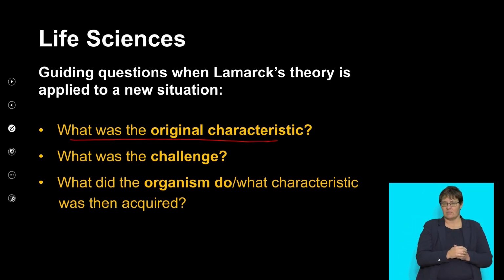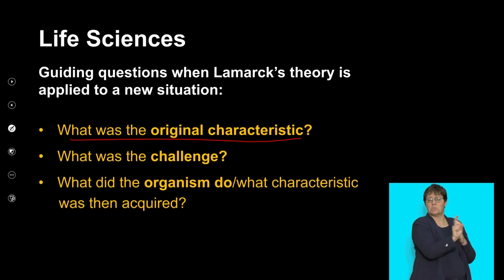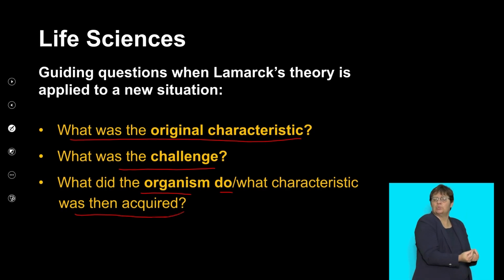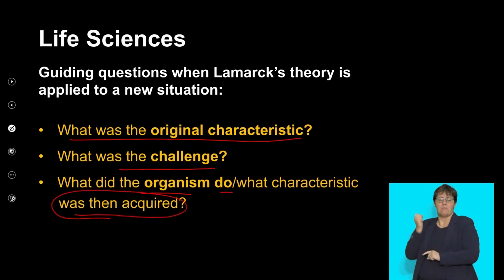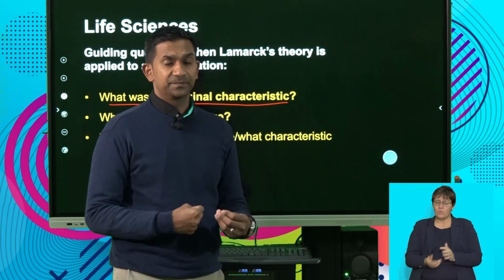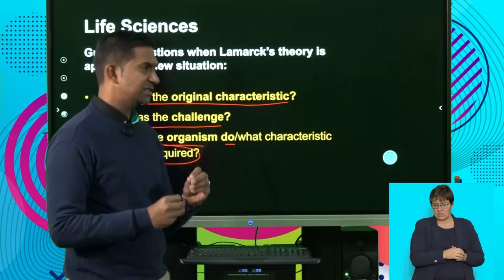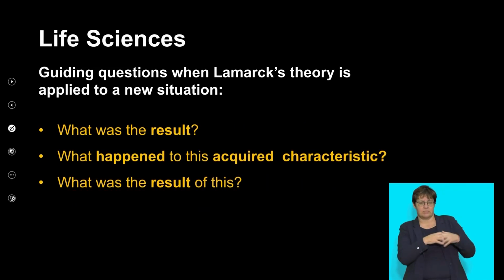What was the original characteristic? What was the challenge that allowed that characteristic to become better suited to the environment? What did the organism do, or what did that characteristic then acquire? And so the things that happen in an individual's life, what was the factor that contributed to that? Hence Lamarck had these questions which he posed.